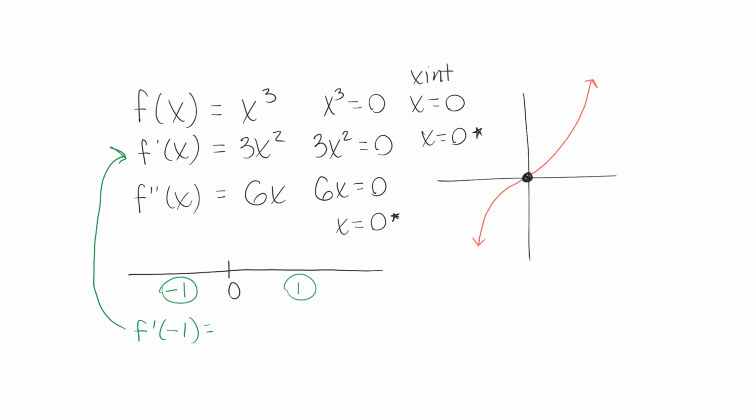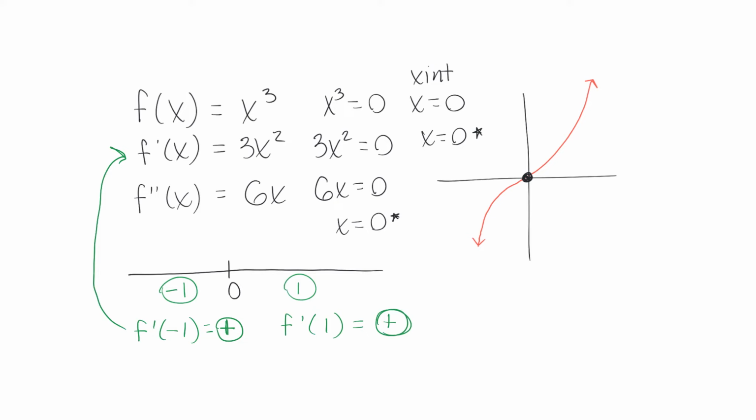And I get -1 squared is 1 times 3, so I get something positive. So this is positive on that side. And then I'm going to do the other side. 1 squared is 1 times 3 is positive again.